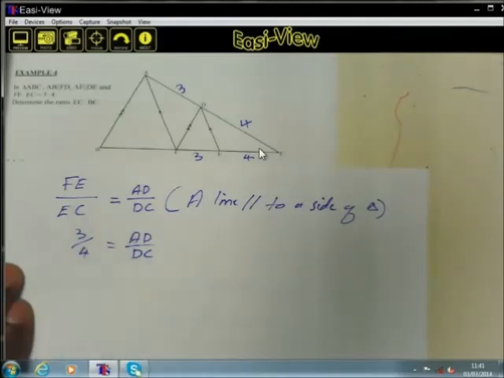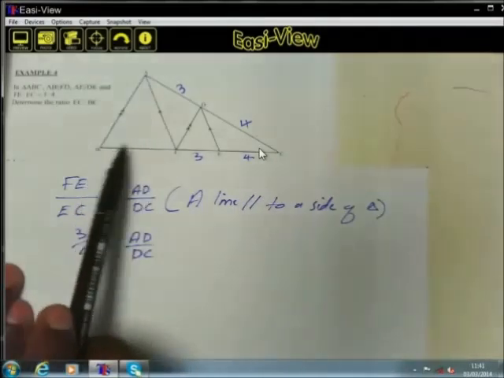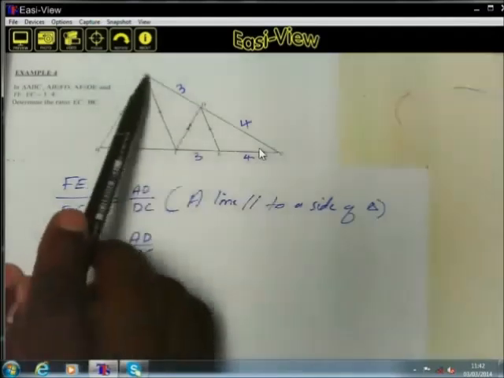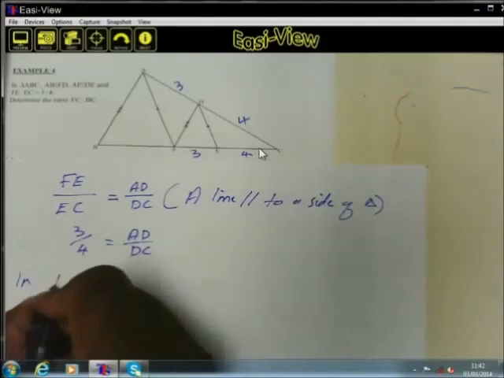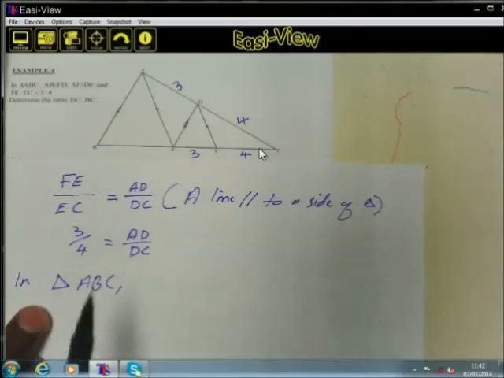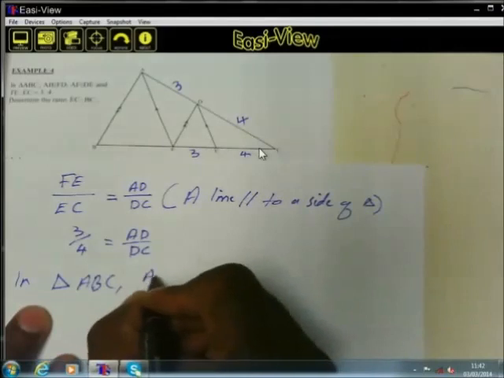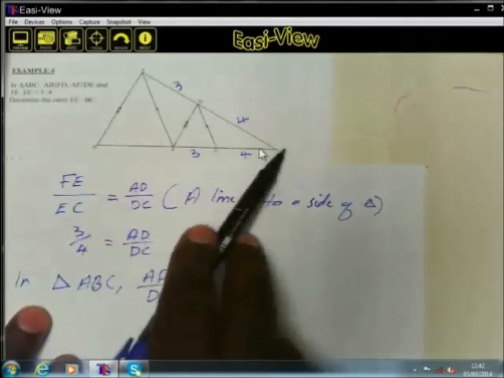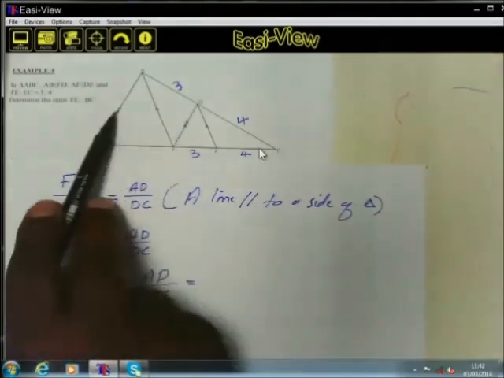Look at this bigger triangle ABC. In triangle ABC, if you take AD over DC, you'll take BF over FC, because you've got this line which is parallel to one side of a triangle.